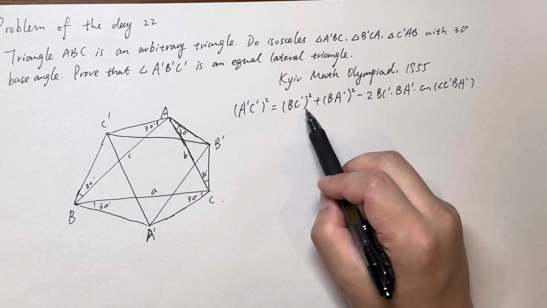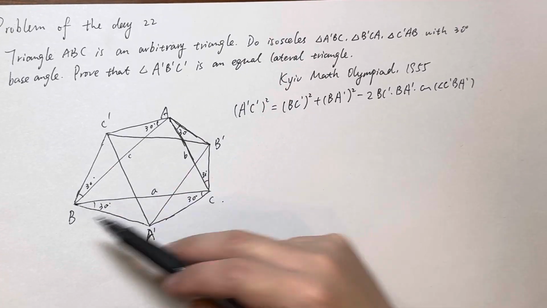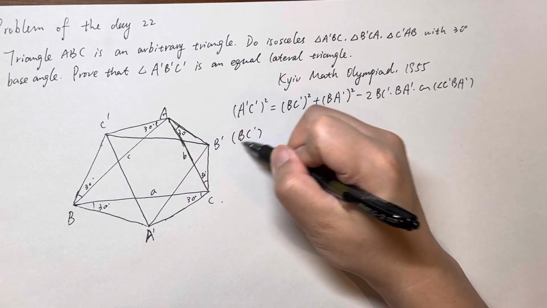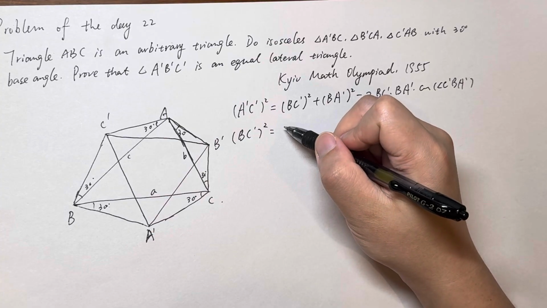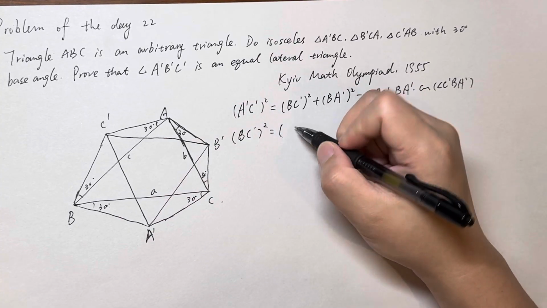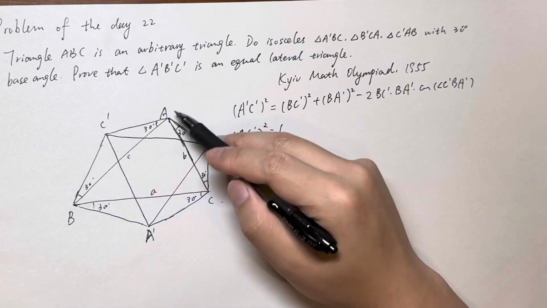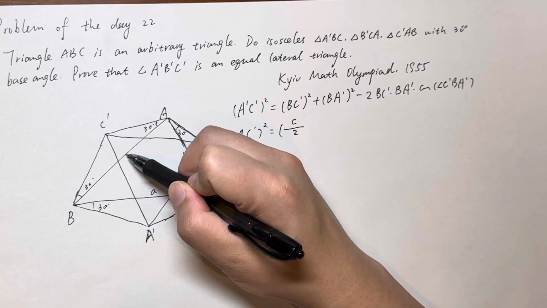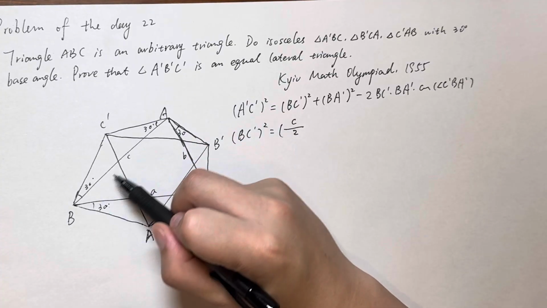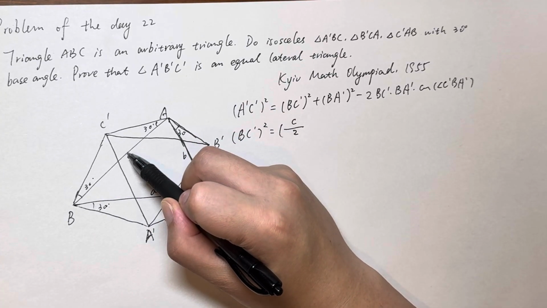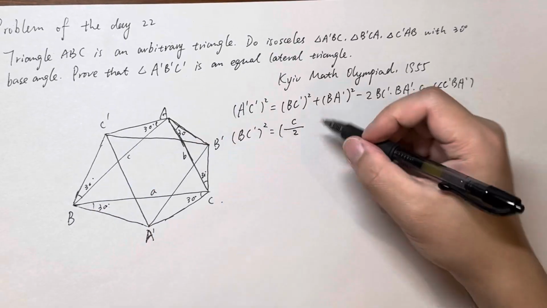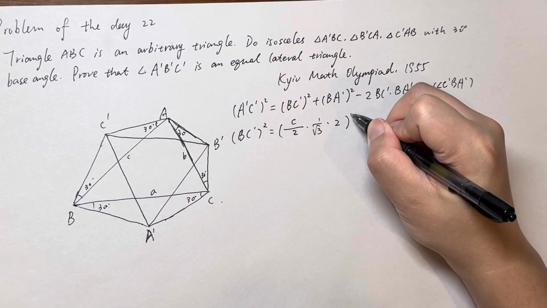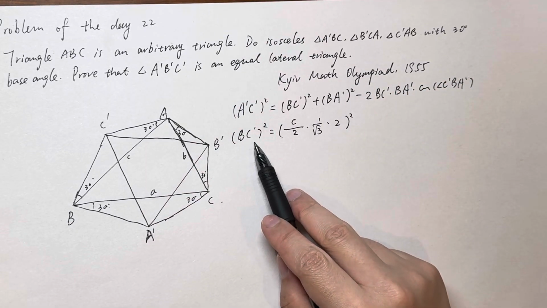And for BC prime squared, we can write it as BA, which is c, divided by 2, that's half of BA, divided by square root of 3 and times 2. That's the length of BC prime, right? So that is BC prime squared.